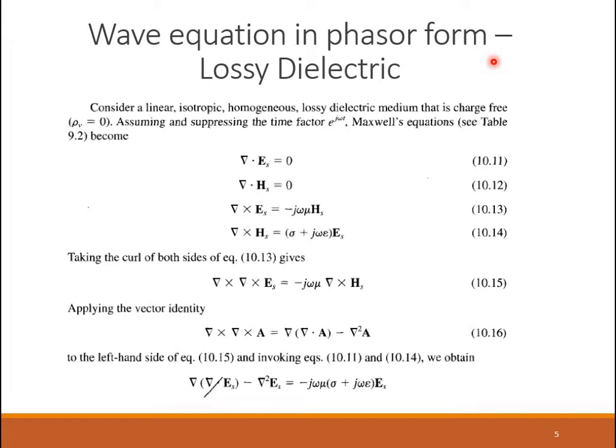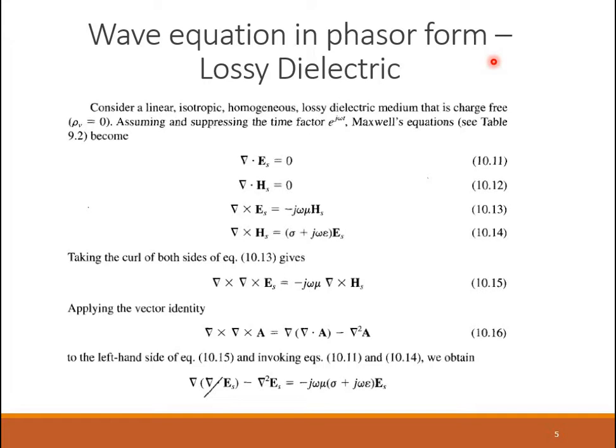I had mentioned that lossy dielectric is the most general form. If we can derive the equation for the lossy dielectric, then by suitably substituting the values of sigma, epsilon and mu, the wave equation can be obtained in any other medium. This was already mentioned in lecture 2.